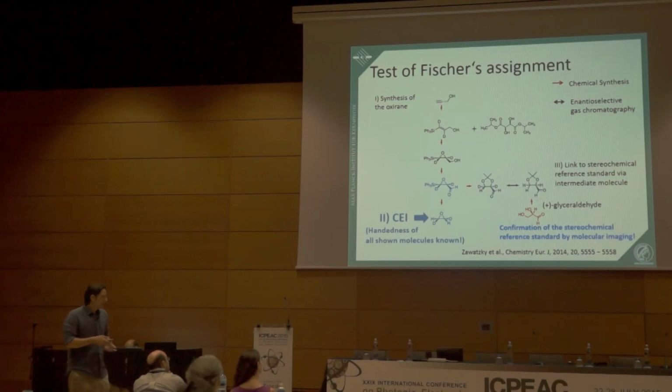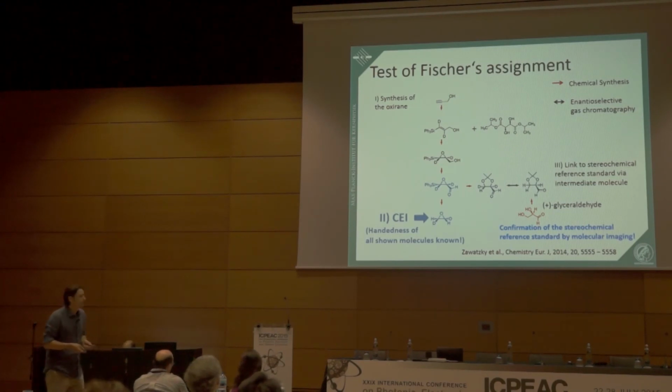So in the end, with our measurement and this chemical network which was developed, we could confirm that the stereochemical reference standard is correct, and we did this by molecular imaging.